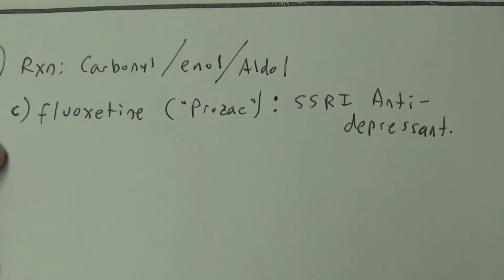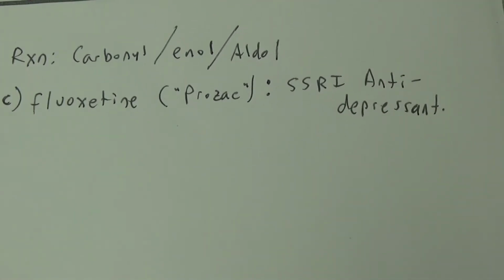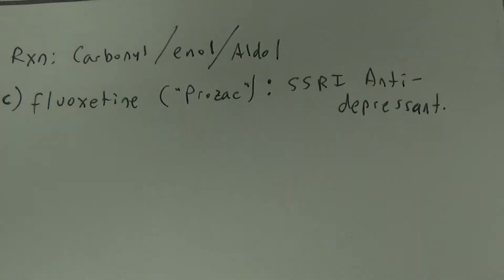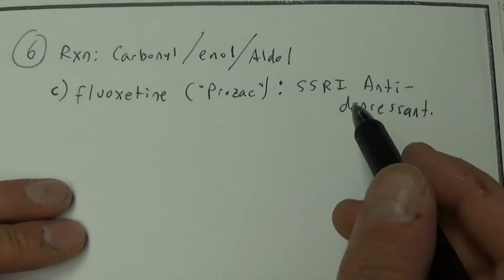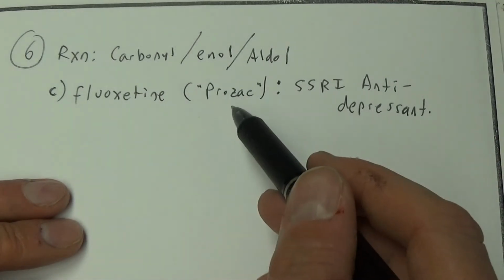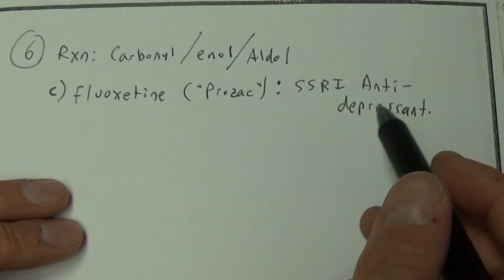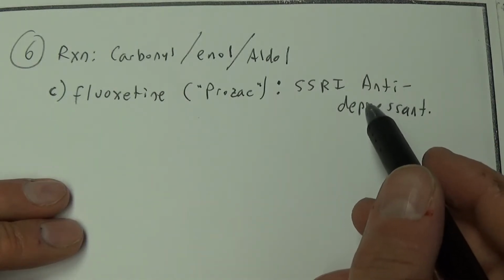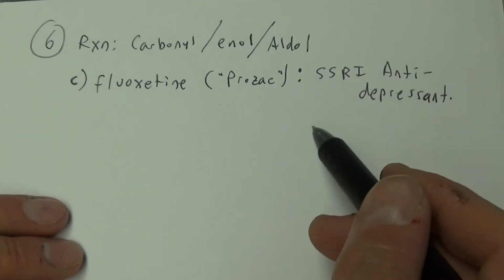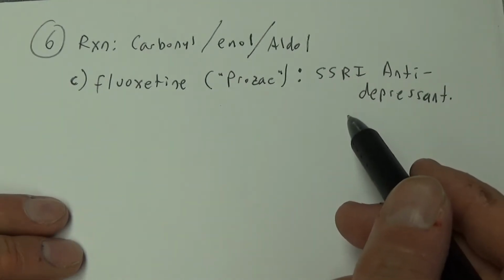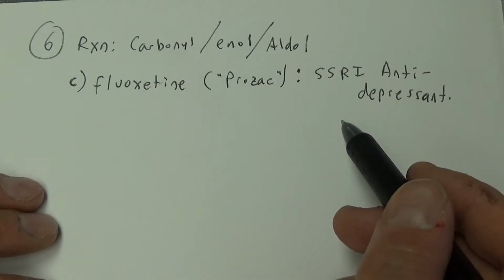Okay, molecules like Prozac are used for a variety of types of depression, major depressive disorder, panic disorder, and other related illnesses. It is a highly prescribed drug.